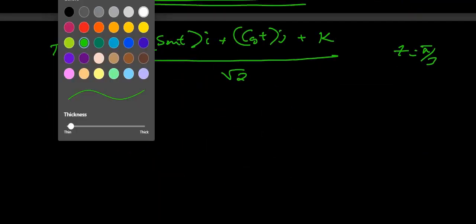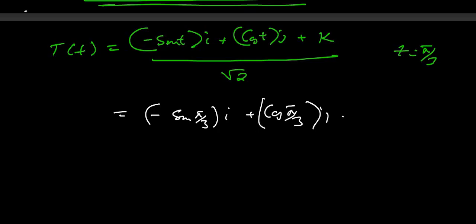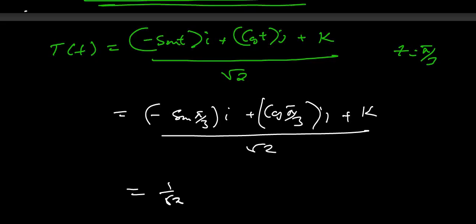So we have to replace where there is t: negative sine pi over 3 i, plus cos pi over 3 j, then plus a k. So this is a 60 degree angle, and sine 60 always gives us, from your special angles, root 3 over 2.